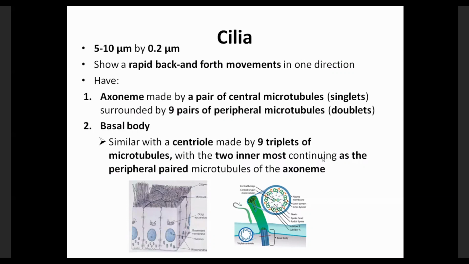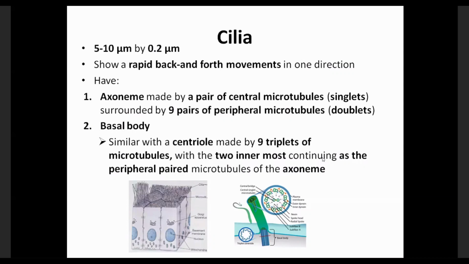So for that purpose, the apical plasma membrane of such cells have what are named as cilia. Cilia are tall, they are long, they are wider, they are bigger, and they are tall as this one in diagram. And they are made by plasma membrane projection with core of cytoplasm containing microtubules.